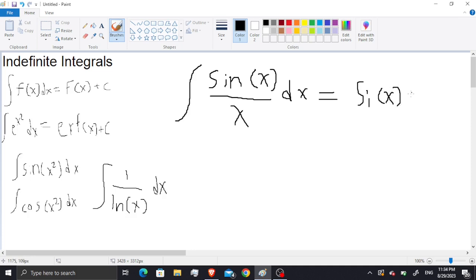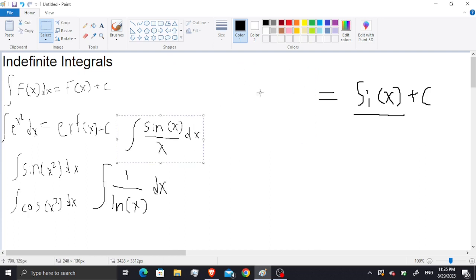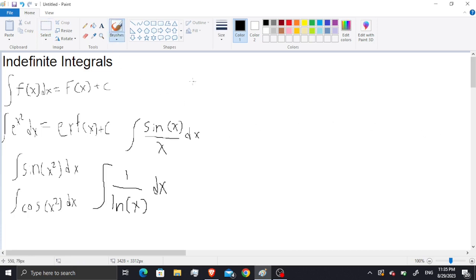Again, this isn't an elementary function, so as a result of trying to integrate this, you'll end up with your Si function here. And yeah, that's pretty much it. You can't really integrate this using any of your typical integral methods. I guess another one I still wouldn't know the answer to would be x to the power of x with respect to x.